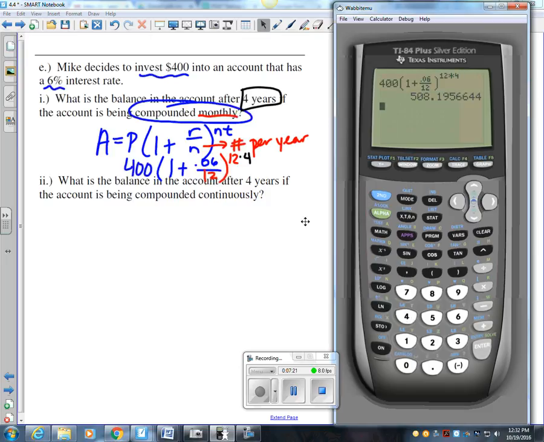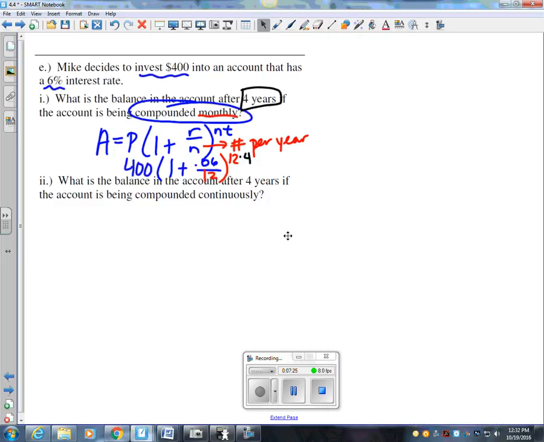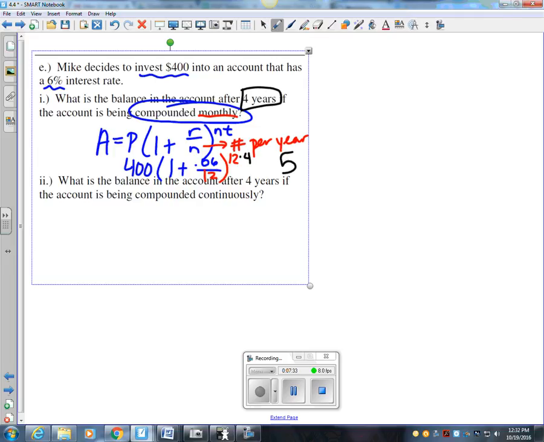All right, that gives you $508.20 as your answer.